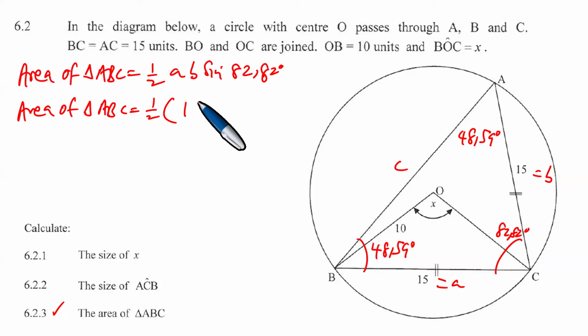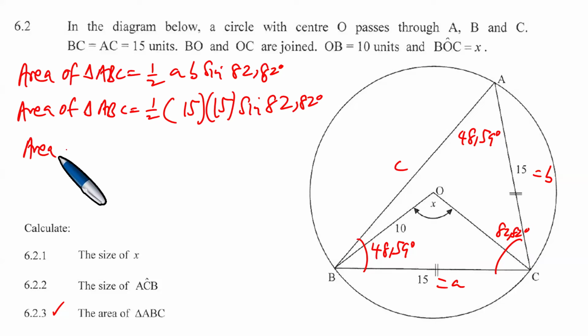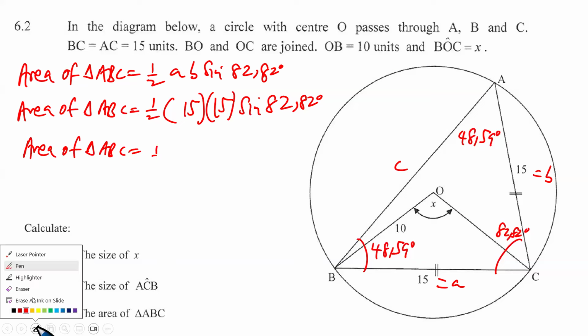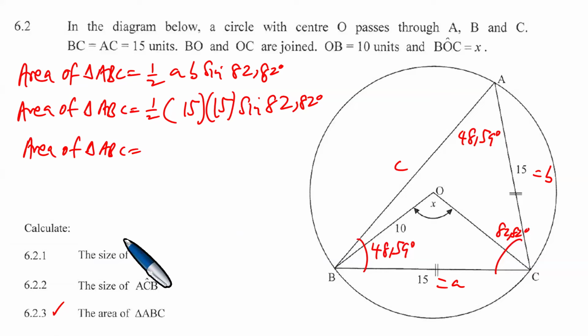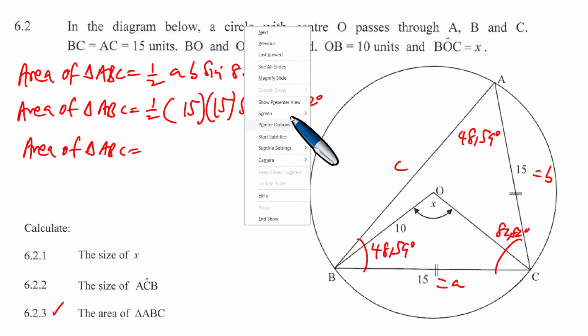The A is 15, the B is also 15, the sine of 82.82 degrees, which means the area of triangle ABC equals what? Let's check this one. At this point, you're going to use a calculator to find the area. Let's launch our calculator here.